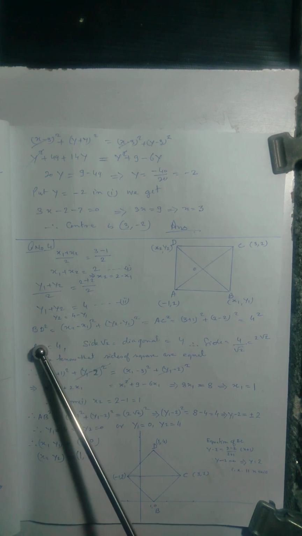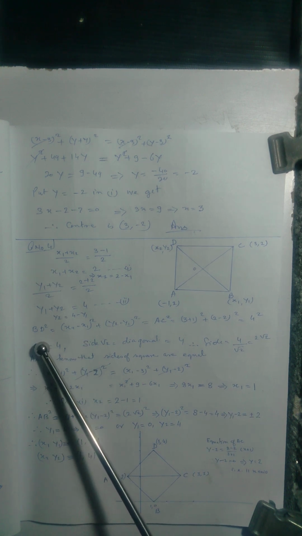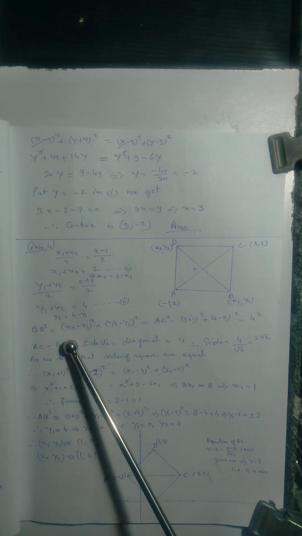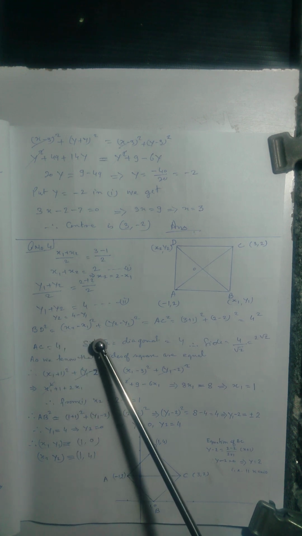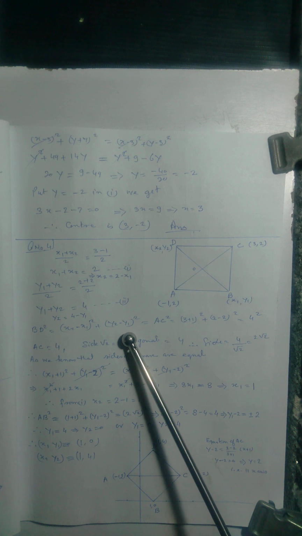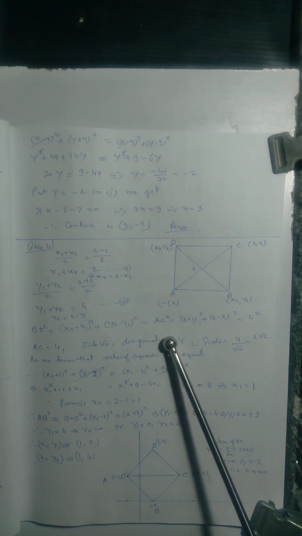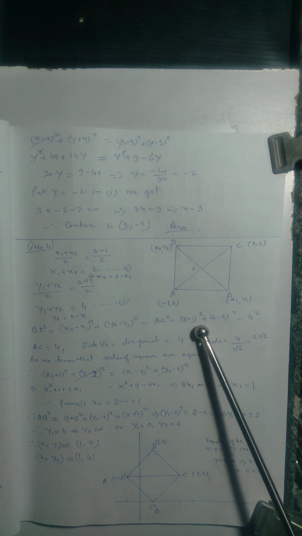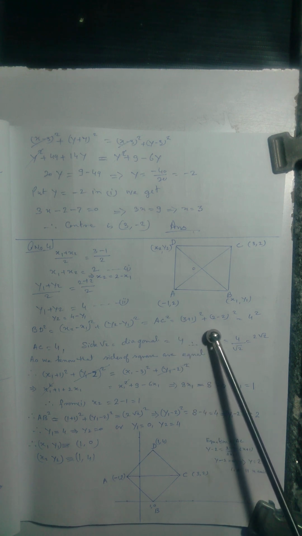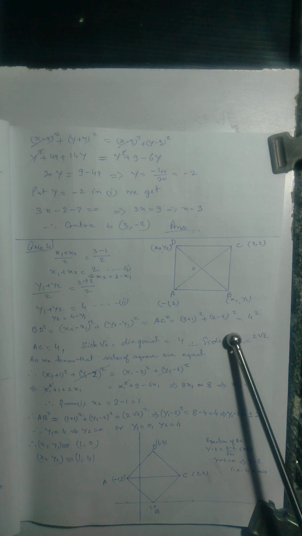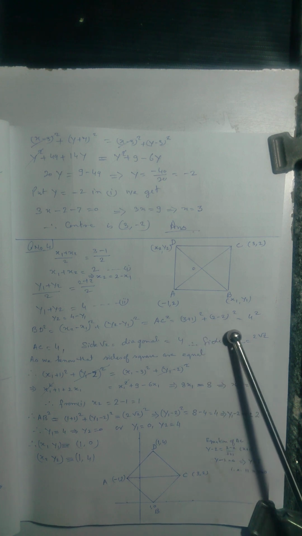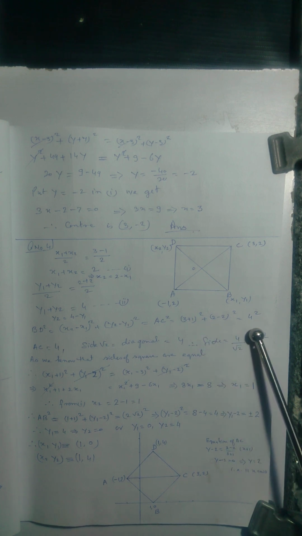Now as you know that BD square is equal to x2 minus x1 whole square plus y2 minus y1 whole square, and it should be equal to AC square because the diagonals are equal. So 3 plus 1 whole square plus 2 minus 2 whole square, that will be equal to 4 square.